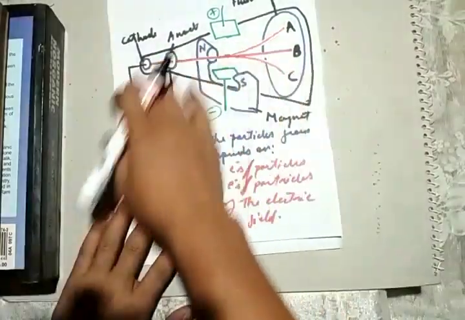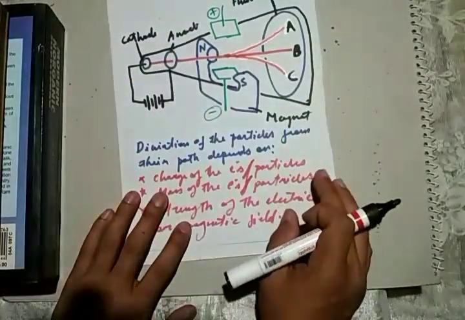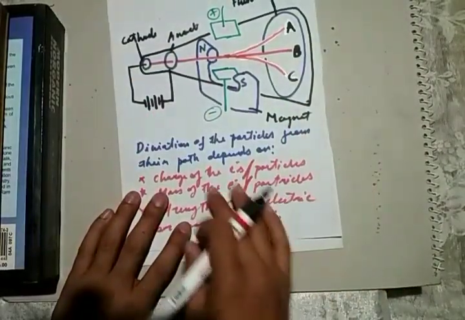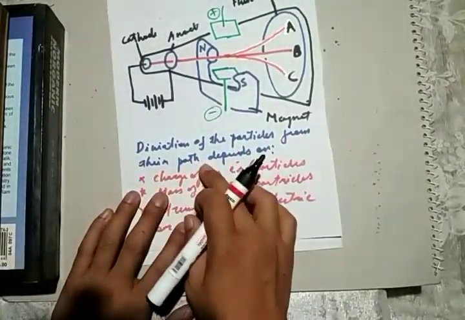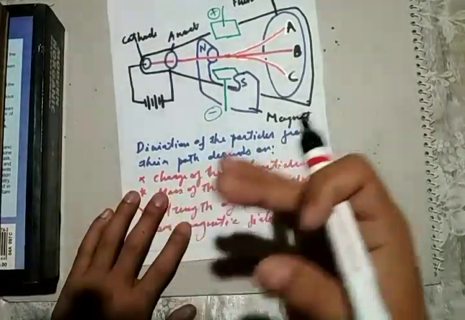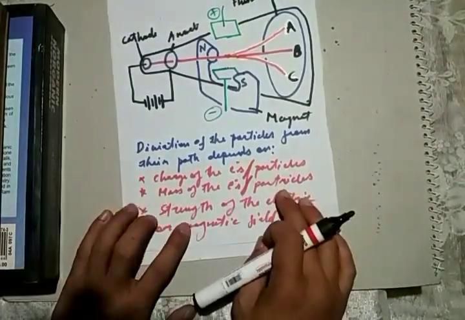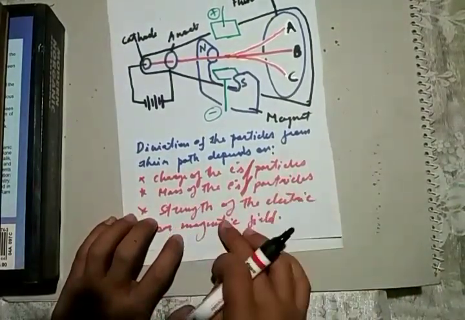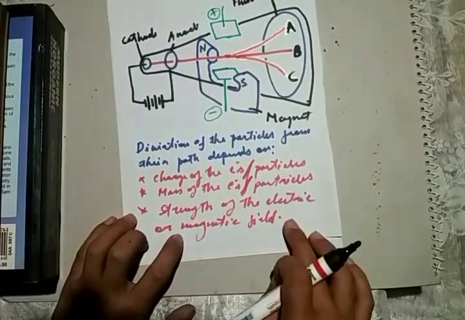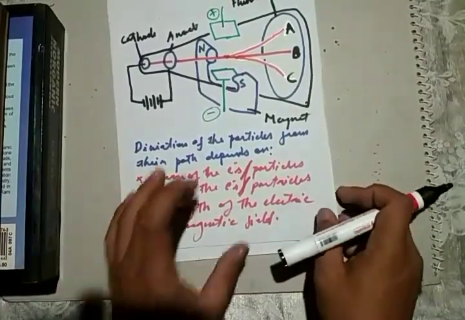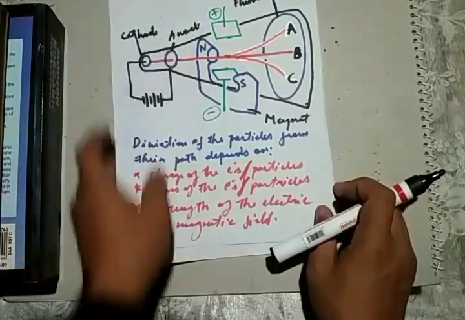So after his experiment, he was able to draw some conclusions. The deviation of the particles from their path depends on the charge of the electrons or particles, mass of the electrons or particles, and strength of the electric field or magnetic field. So he was able to draw these conclusions based on his experiment.